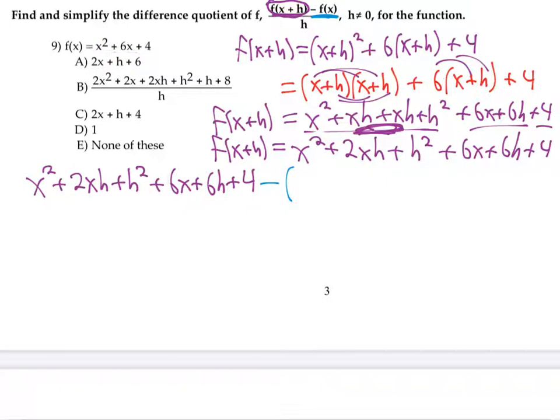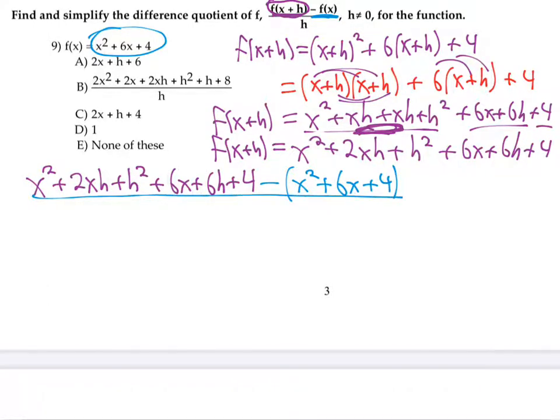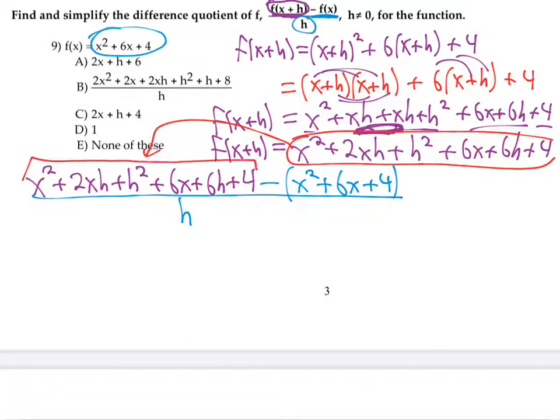Well, that's the original function here, which is x squared plus 6x plus 4, and then put the whole thing over h, like that. So see how I've got it all together now? Right? Does everybody see what I did there? I basically grabbed this stuff and put it right there. Right? Because that's f of x plus h. You see that?